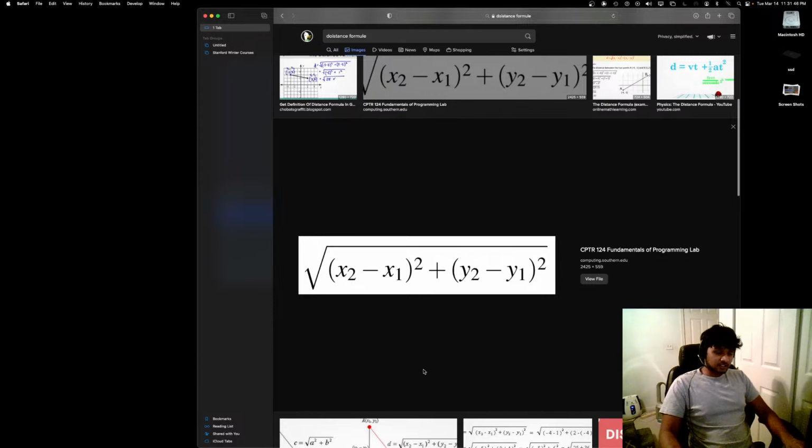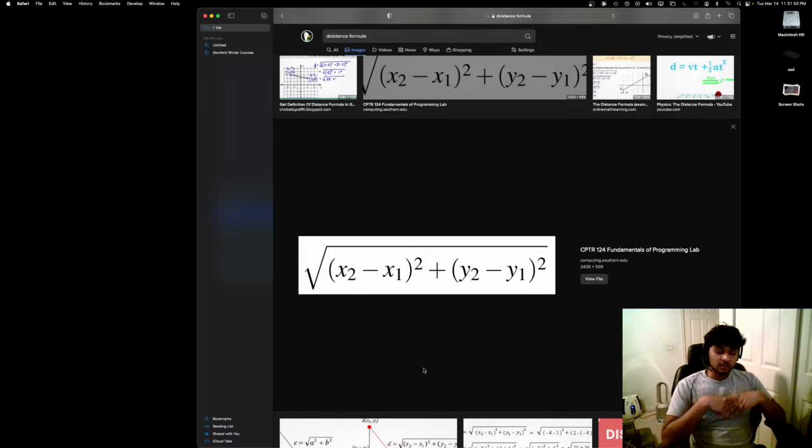What does this tell us? We give it one set of coordinates and a second set of coordinates, one x, y value and two x, y values, and it tells us the distance between those two points in a 2D coordinate space.